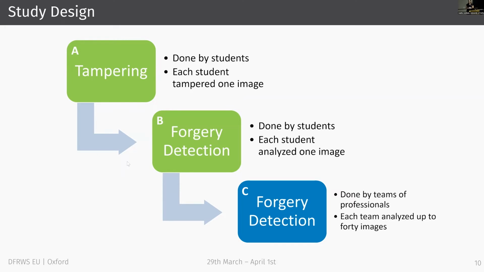This image pool is used in part B of the experiment, where the participants are given one or more images from the pool, which they have to analyze and then decide whether it's an original or a forgery. In part C, it is done by teams of professionals who received a series of images and also had to decide on each image if it's an original or a forgery. And in every part of the experiment, we recorded the experience, the motivation, and the time effort.